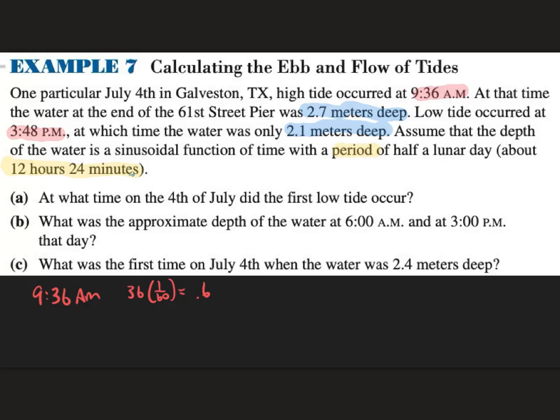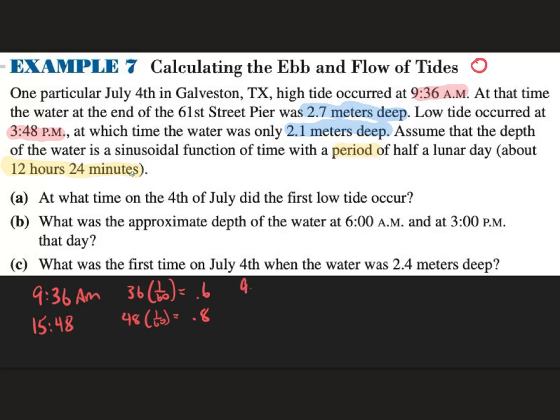We're going to take 3:48 p.m. And all times, we have to realize all times start from midnight, which is 0 to 100 hours. So 3:48 p.m. is actually 3 hours after 12 p.m., which is 15:48. And then we do 48 divided by 60 to get that fraction of time, which is 0.8.